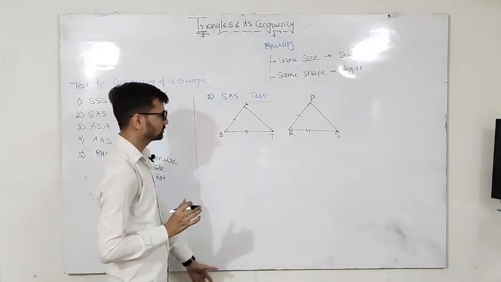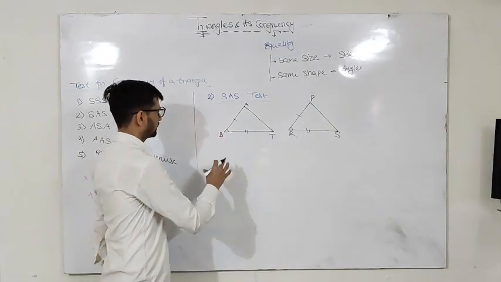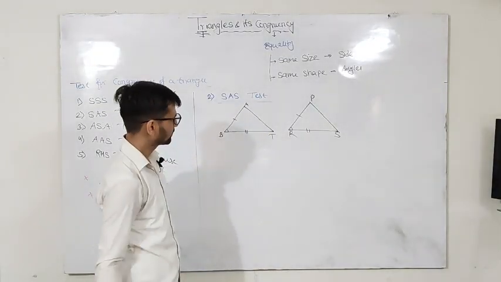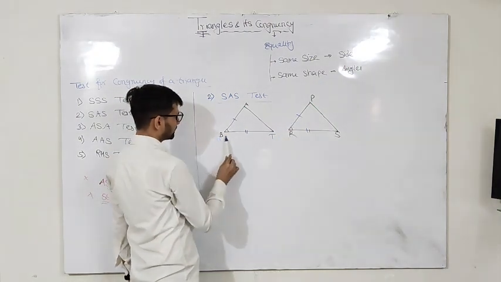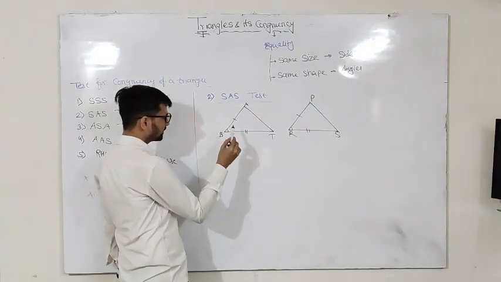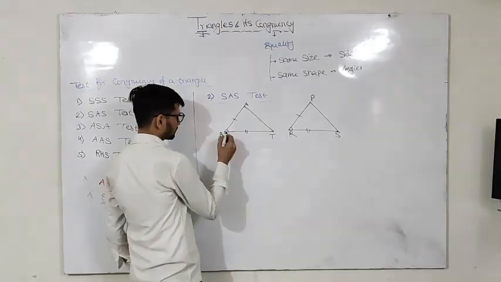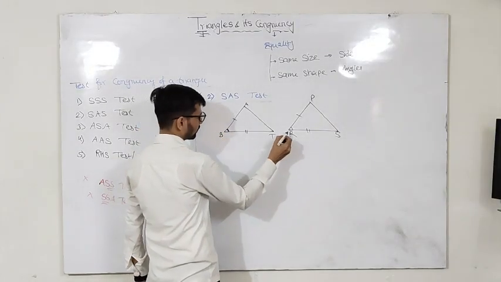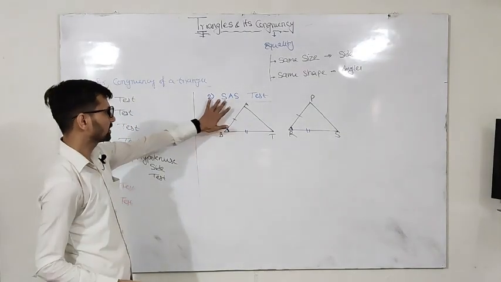Let's have an example of these two figures, ABT and PRS. In triangle ABT, AB is congruent to PQ and BT congruent to RS, and an angle in between. The angle should be between these two sides only. The angle B is congruent to angle R. Then these two triangles are congruent by SAS test.